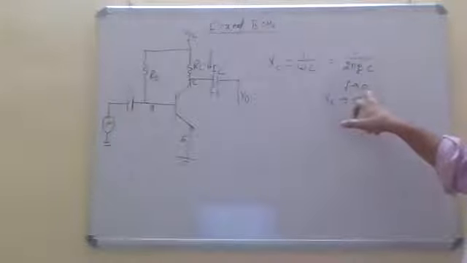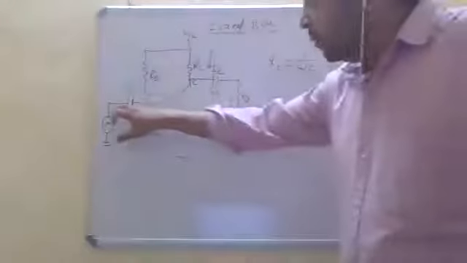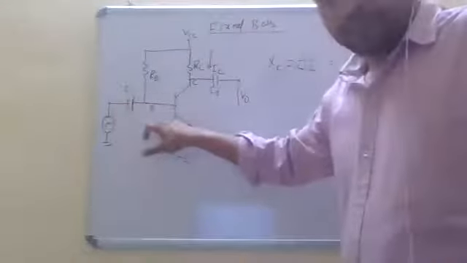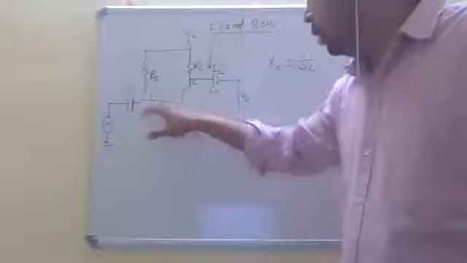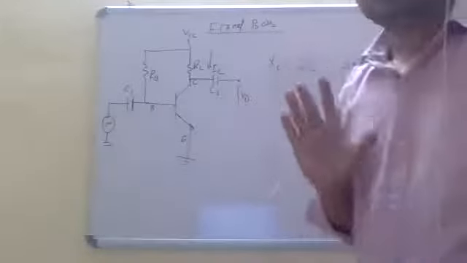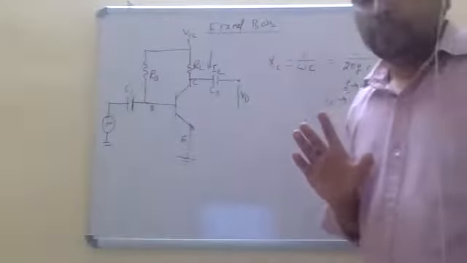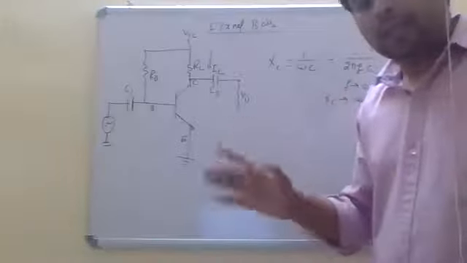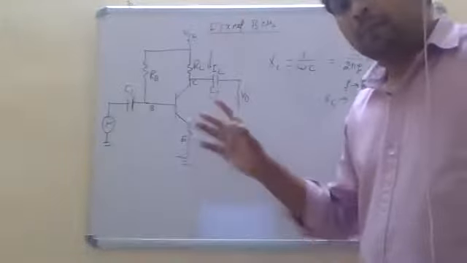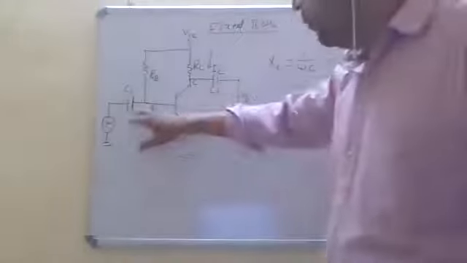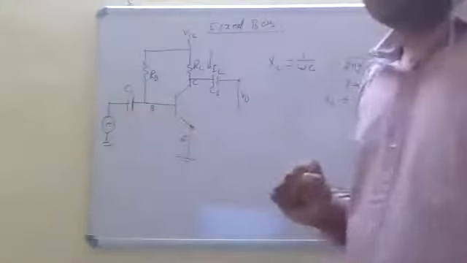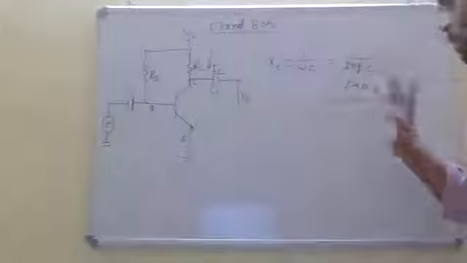So we have to make a short note: both capacitors will not be used here. When analyzing fixed biasing, we have to neglect these capacitors, and why? Due to this concept.